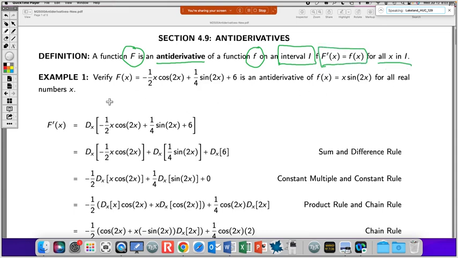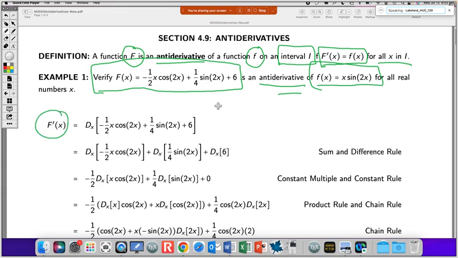So for example here, verify that capital F is an antiderivative of little f. So basically, to show this is an antiderivative, you need to calculate the derivative, and you need to show capital F prime of x is little f of x.